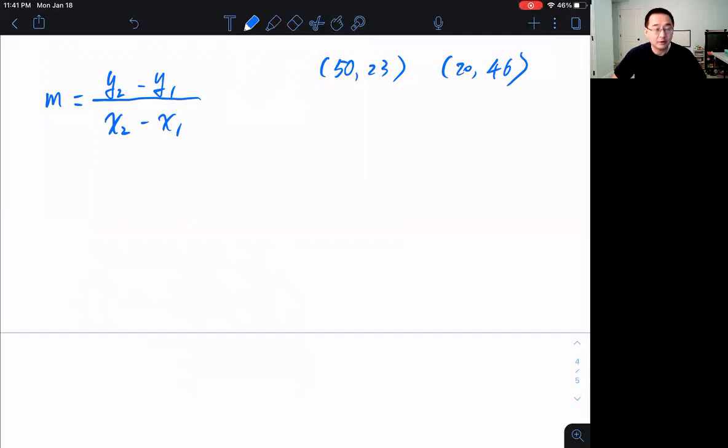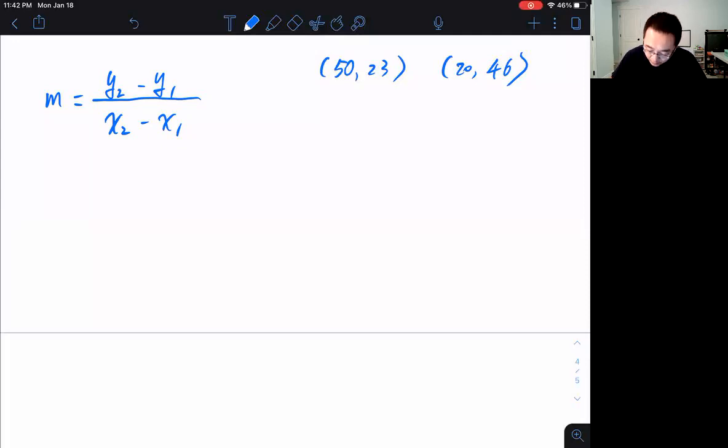Turns out it doesn't matter as long as you keep the order consistent between y and x. What I mean by that is if you decide that 23 is your old value and 46 is your new value for price, then you better treat 50 as the new value and 20 as the old value for quantity.